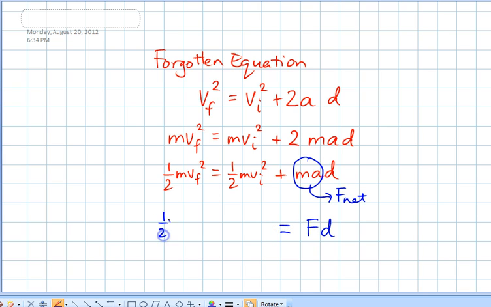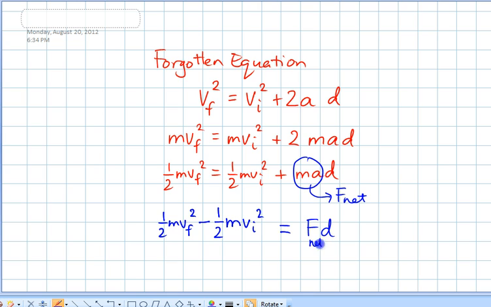I'm also going to take the 1/2 m v initial squared and subtract it so it's on the other side. Now I have an equation where on one side I've got mass and velocity squared, and on the other side I have force times distance.